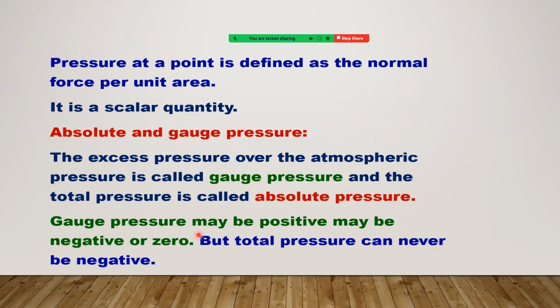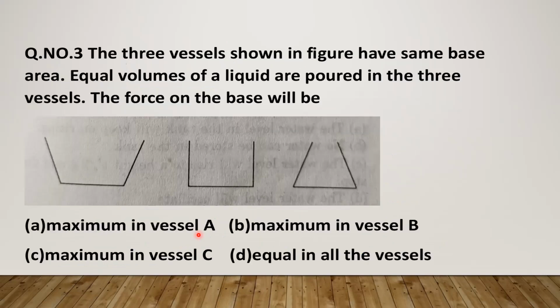Let us now focus on some basic problems. See the question. The three vessels shown in the figure have the same base area, and equal volumes of a liquid are poured in the three vessels. The force on the base will be?